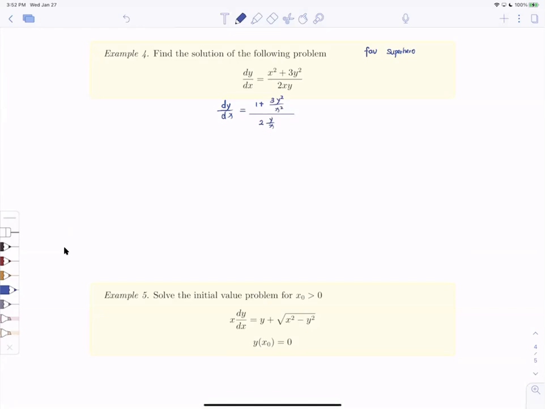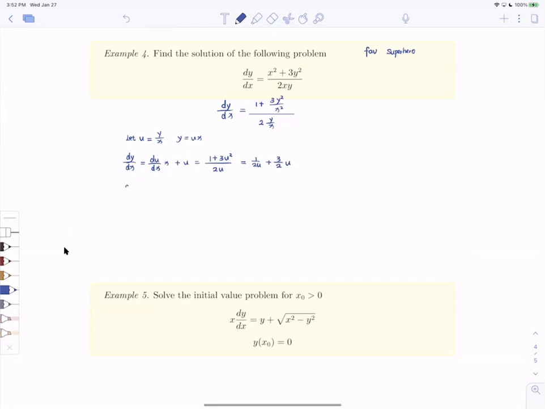And then the same as before, let u equal y over x, then y equals ux, so dy over dx equals du over dx times x plus u, which equals 1 plus 3u squared over 2u, and this equals 1 over 2u plus 3 over 2u.